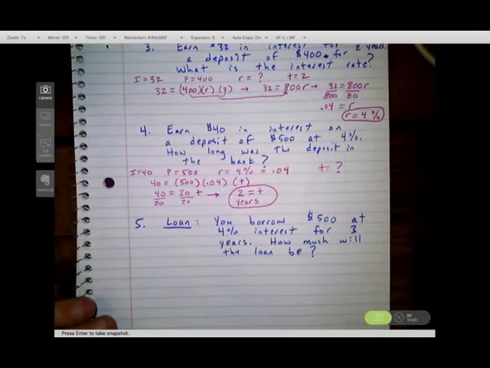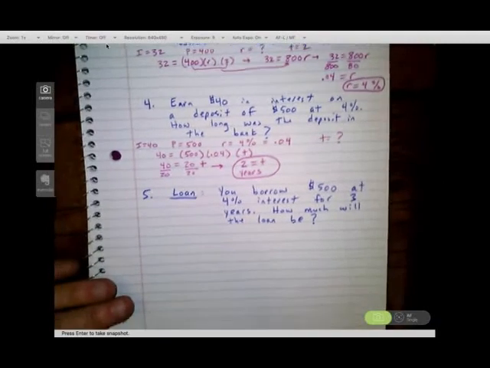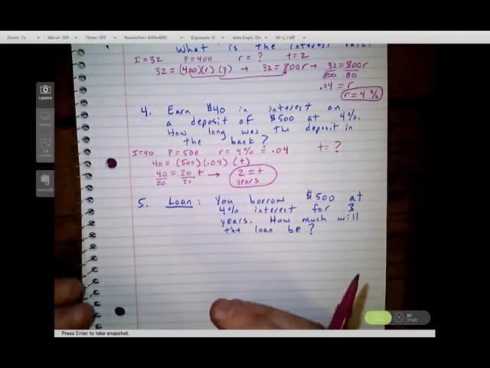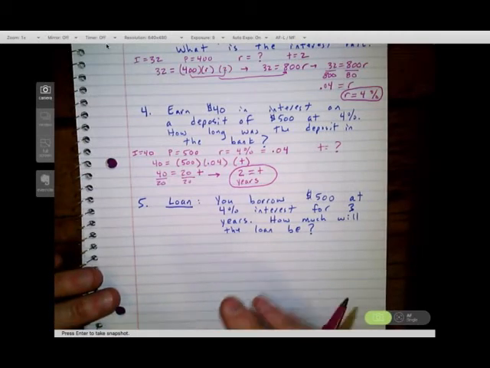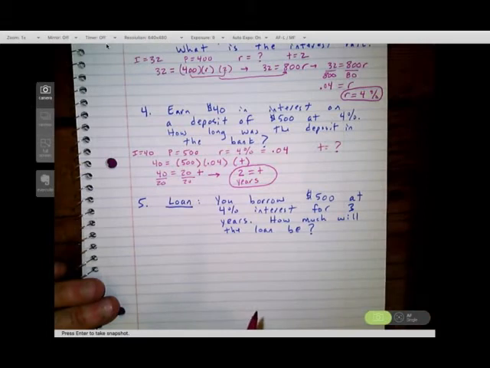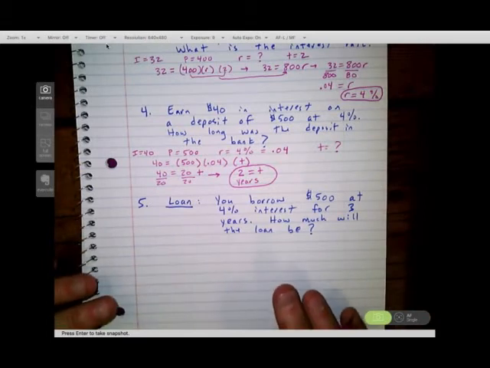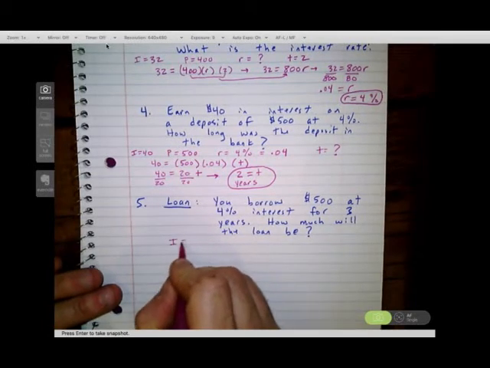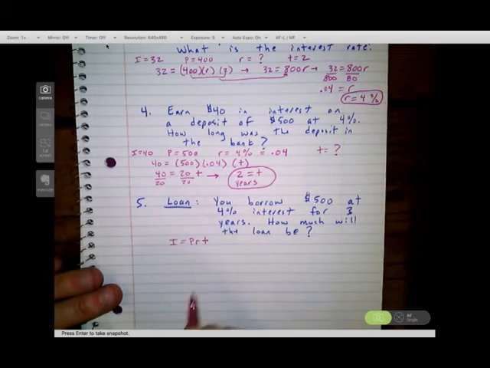Let's do one more example, and this is an example of a loan. So this would be when you borrow money from the bank, the bank's going to charge you interest for borrowing their money, which you'll have to pay back on top of the initial amount that you've borrowed. It's all going to work the same way. So I equals PRT.